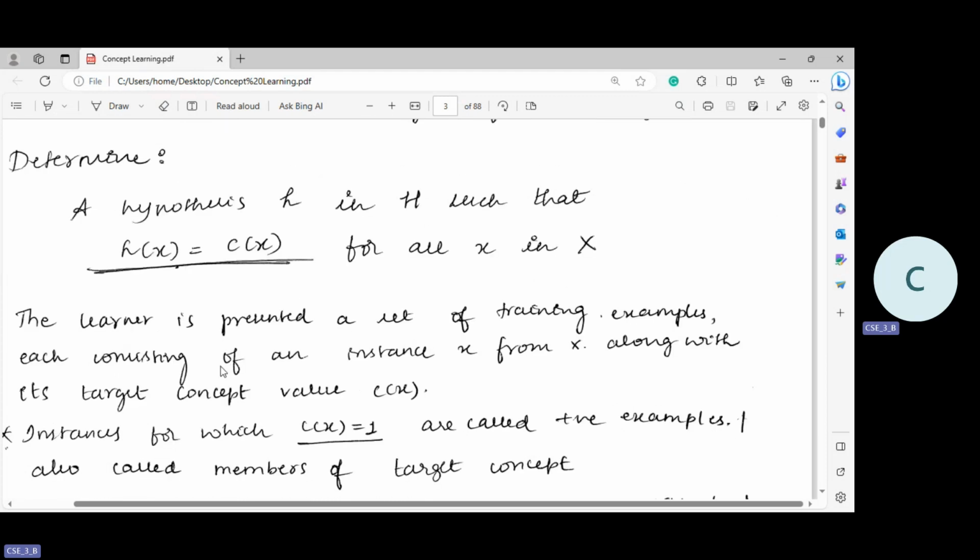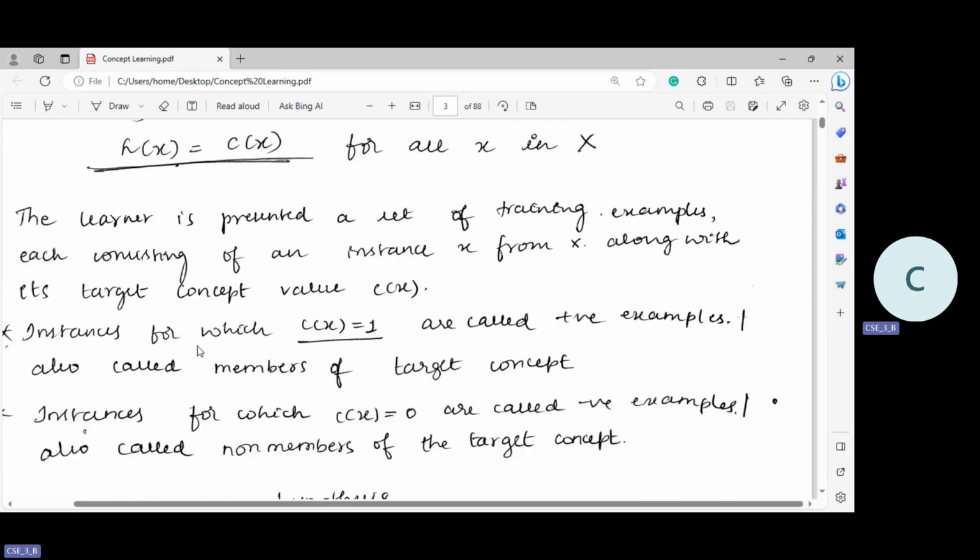The learner is presented a set of training examples, each consisting of an instance x from X along with its target concept value c(x). Since it is a Boolean valued function, instances for which c(x) equals 1 are the positive examples, the members of the target concept, and instances for which c(x) equals 0 are called negative examples, also called non-members of the target concept.